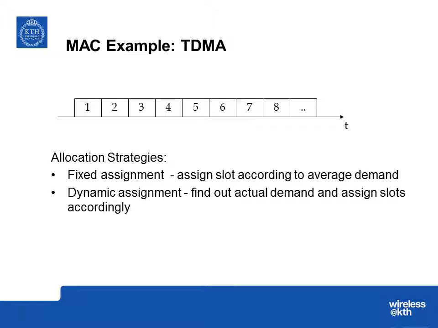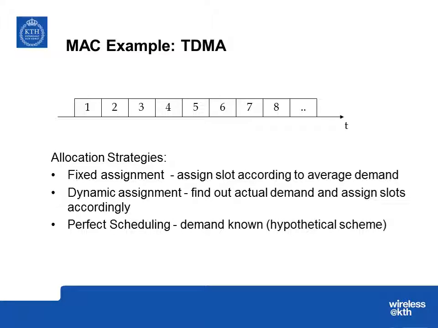The other strategy is, since we don't know the exact amount of packets residing in every transmitter, or what the actual demand for transmission is, we may try to find out, and use the channel itself to find out what the actual demand is, and then we assign slots accordingly.